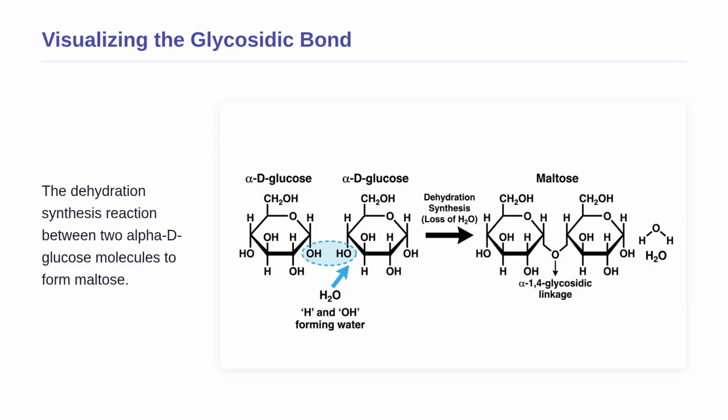The arrow in the middle represents the dehydration synthesis reaction. As we move to the right, you can see the final maltose molecule. The two sugar rings are now permanently connected by that single oxygen atom acting as a bridge. This is the alpha-1,4 glycosidic linkage. You can also see the water molecule that was released during this process.